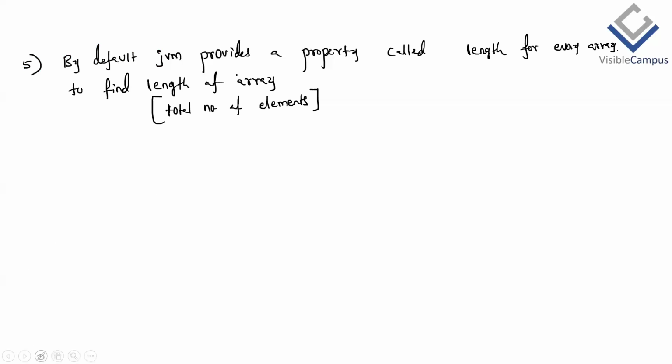What's the meaning of this one? For example, if we have one array, integer array is easy for me to write, but it is applied to every array. So just for my convenience, I'm taking this always int only, maybe. So here, say 1, 5, 7, 4, 2, 6, 8. This is my array. Now I want to know how many elements are there in this array.